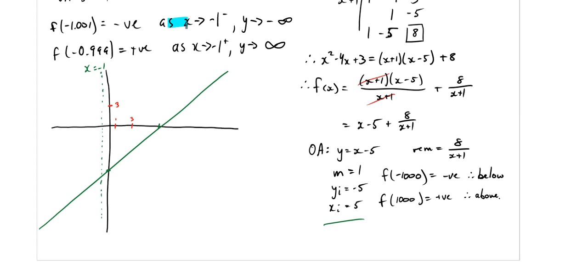As x approaches -1 from the left, y goes to -infinity. So that's coming down here. And then as x gets really big, what does f of x do? It's just below the oblique asymptote. So it's going from below, it's going to turn, and it's going to go down like that. So now I can draw that curve.